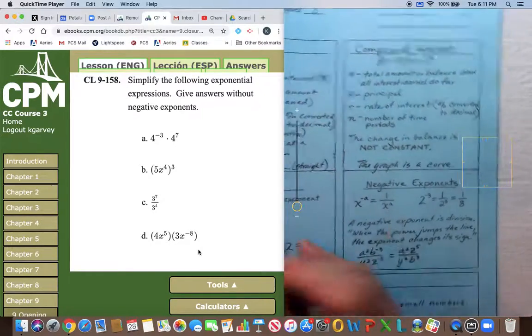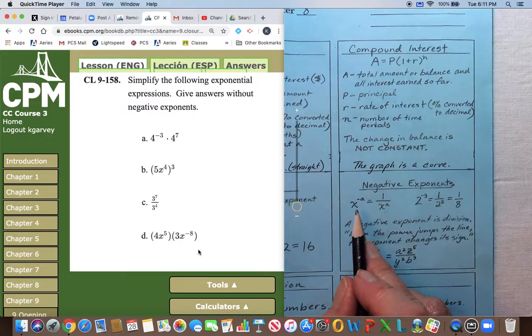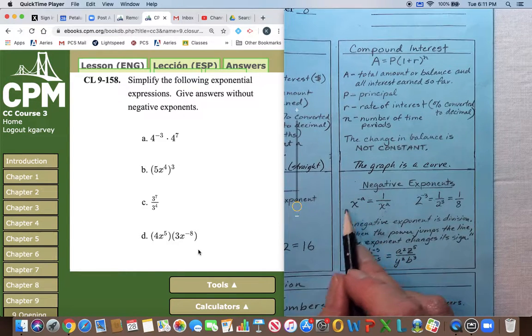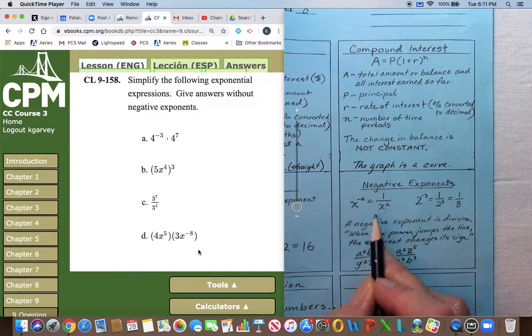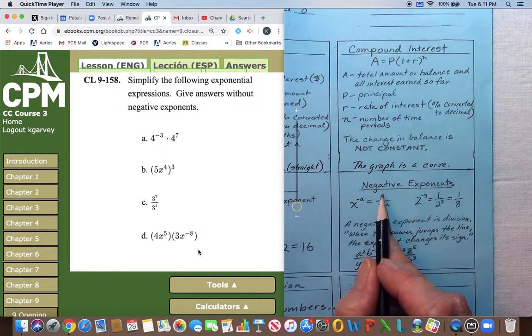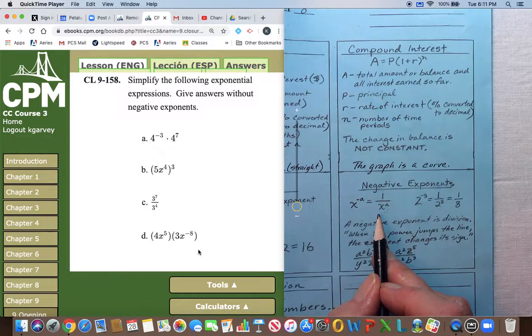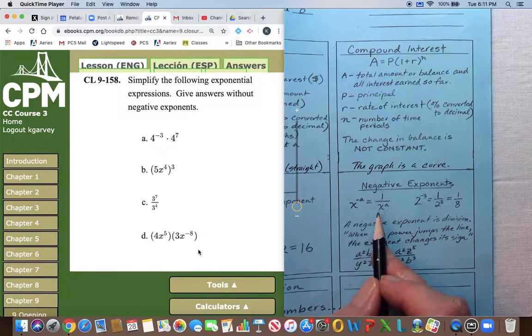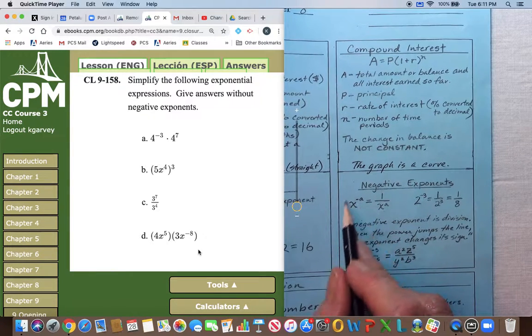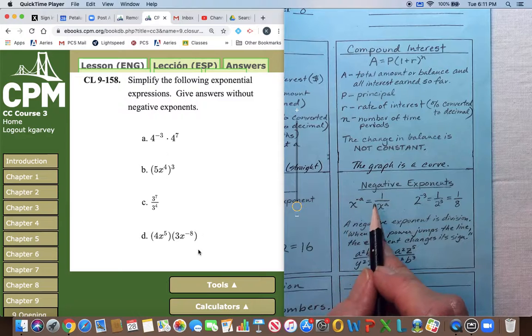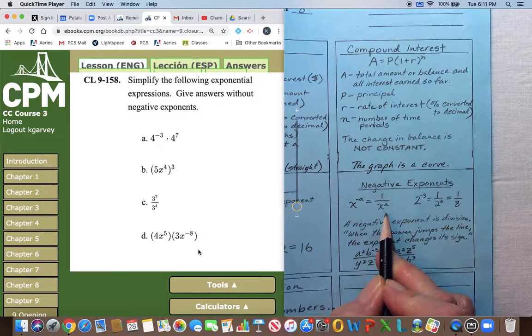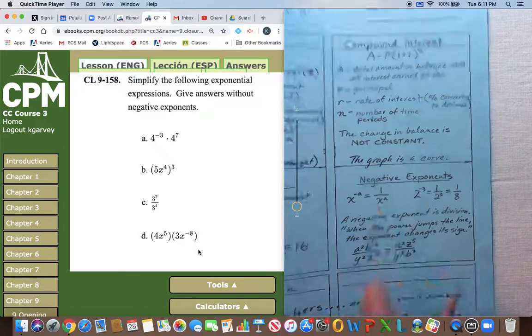So right here, they show you that negative exponents. If you have a negative exponent, the way to get rid of that is to put it underneath as the denominator of a fraction. So if you just have a variable by itself, you'd put a 1 on top and then put the variable and its exponent below.